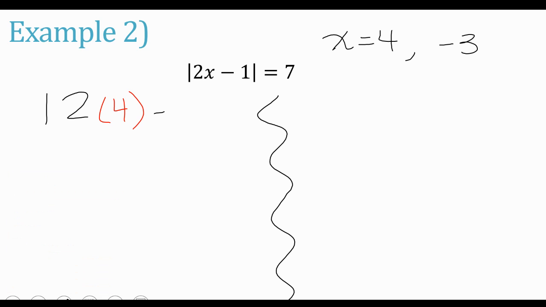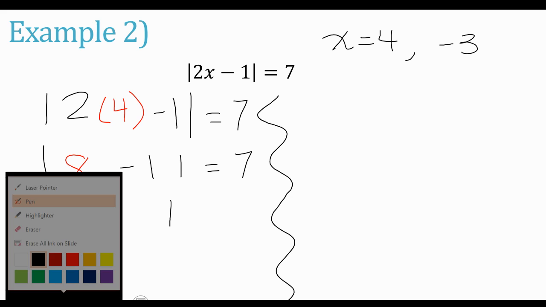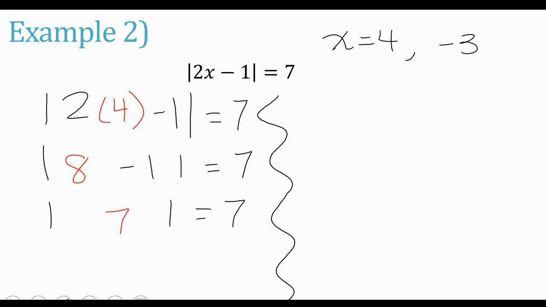Then everything else is going to stay the same. Now we're going to do it inside the absolute value bars. So we get the absolute value of 2 times 4 is 8. Bring everything down. The absolute value of 8 minus 1 is 7. And then the absolute value of 7 is equal to 7.